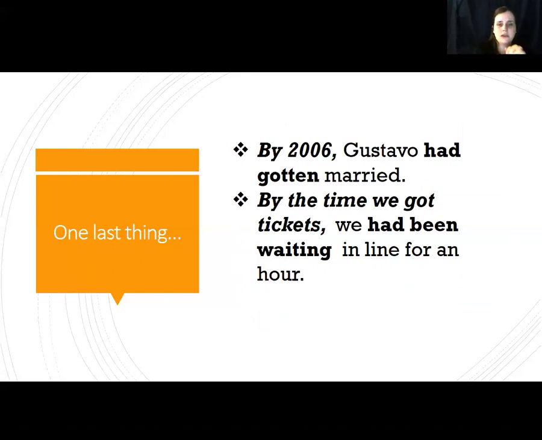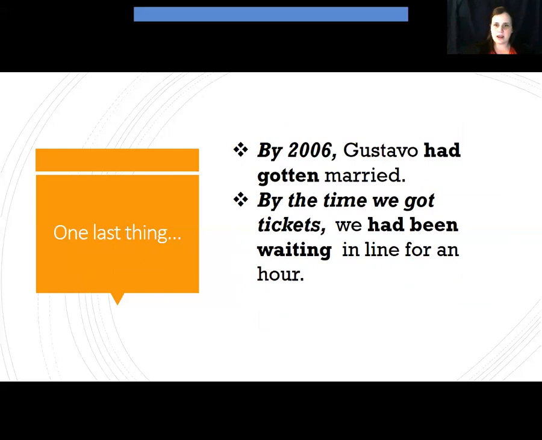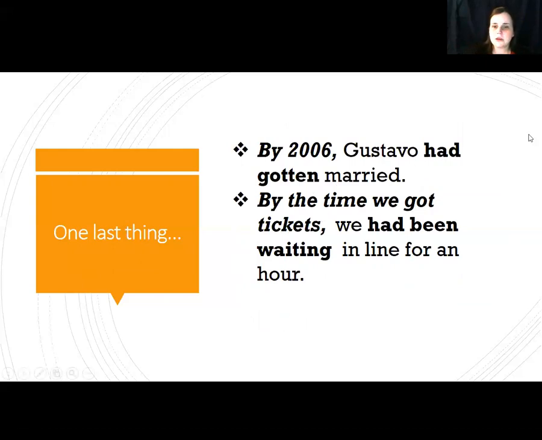So by the time we got tickets, we had been waiting in line for an hour. In this case, it's the past perfect progressive. That's how long they were in line to buy tickets. It took them an hour of waiting in line to get those tickets.